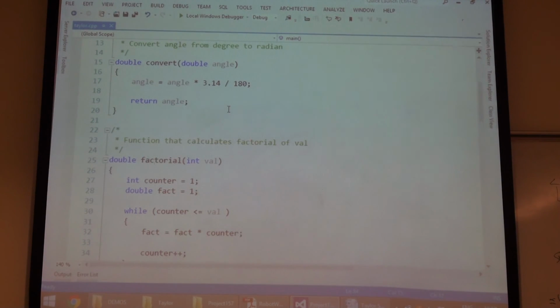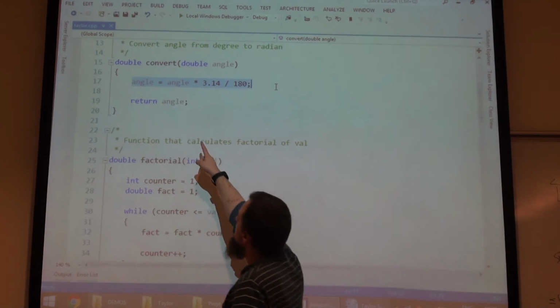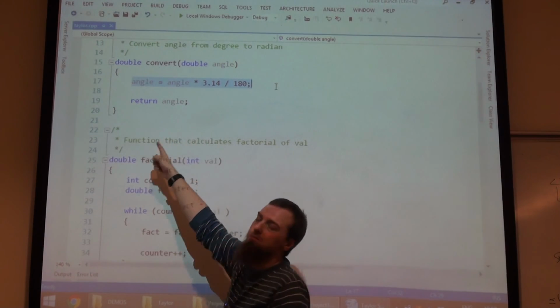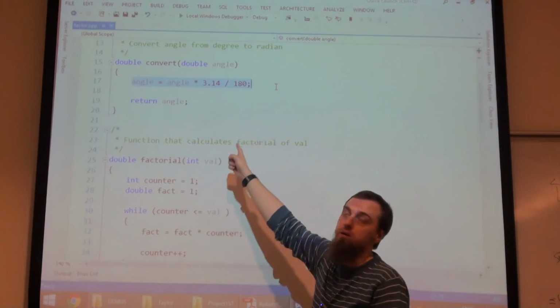Now let's start explaining the code. We have a function called convert. Basically, we are taking an angle in degrees and we want to convert it and return it in radians. And this is the formula we just saw on the board: angle multiplied by pi, 3.14, divided by 180.